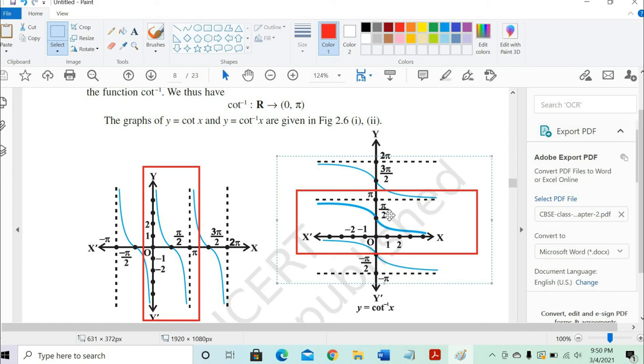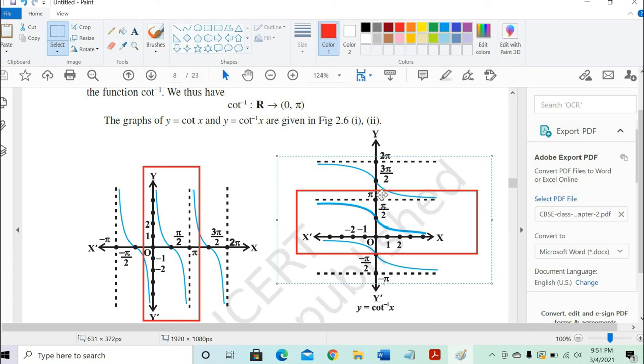Now we'll focus from here. Between 0 and pi, the domain has basically become the range. Your domain is now 0 to infinity and 0 to minus infinity on the x-axis. The range is between 0 and pi. Whatever value of x you take, y will always be between 0 and pi only.